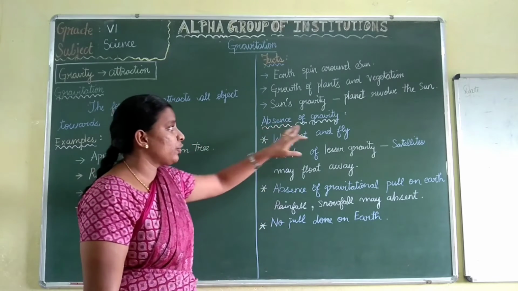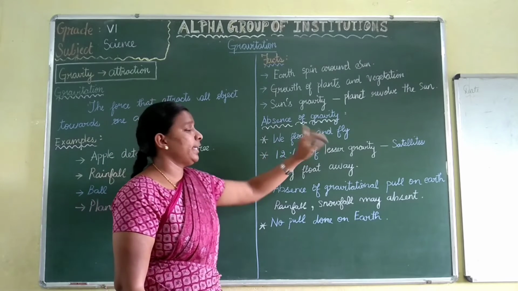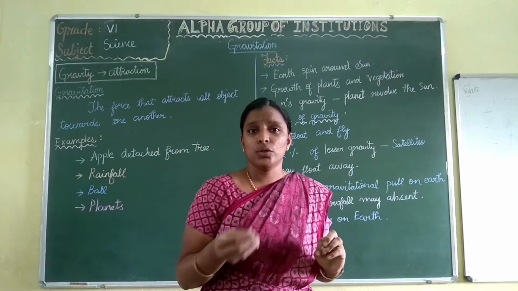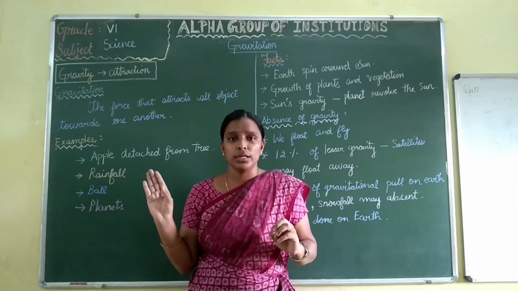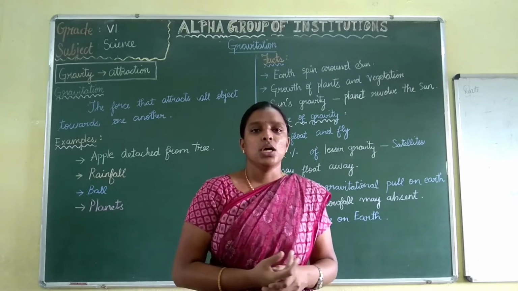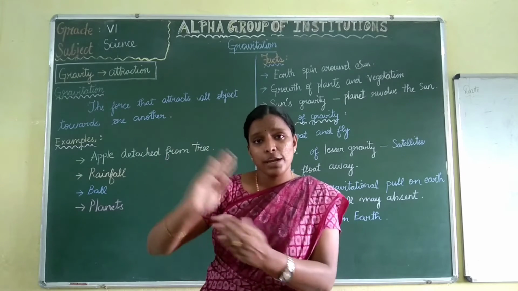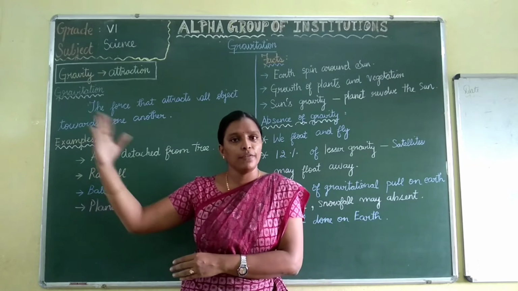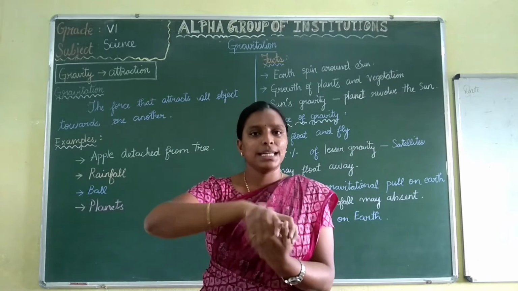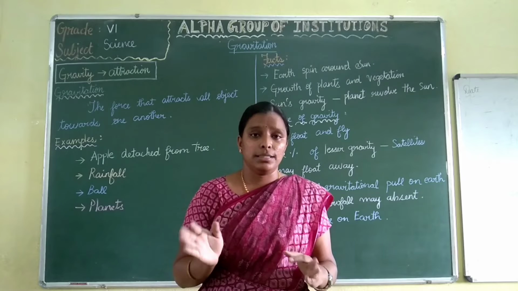Okay, absence of gravity. In the absence of gravity, what will happen? We will float and fly. You know who an astronaut is. They go to space and do research, right? Astronauts move away from the earth, away from gravity, so a lesser amount of gravity is felt. Only then do the astronauts float.